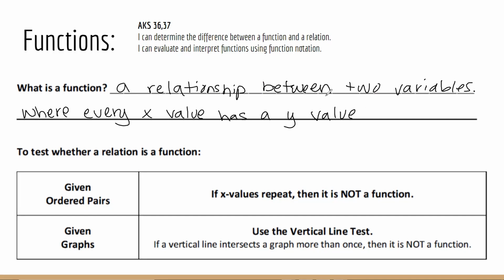And we're going to use the word distinct y value, has a distinct y value, because that's going to be real important in a second. The relationship between two variables where every x value has a distinct y value.